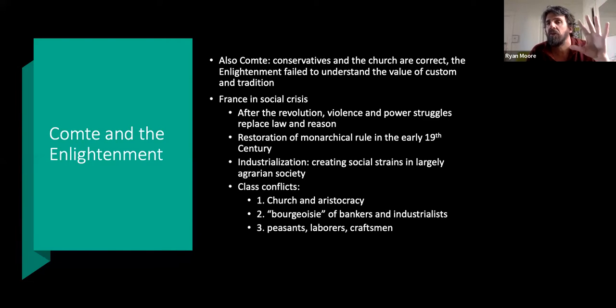In his time, there's this three-sided class struggle going on, where you have the church and the aristocracy, the old feudal elite who had ruled over the countryside in their little mini fiefdoms and kingdoms. And then you had the bourgeoisie, right? The industrialists and the bankers, the capitalist class that was rising up and taking more power, especially economic power, but also challenging for political power, which is a lot of what the French Revolution was about.